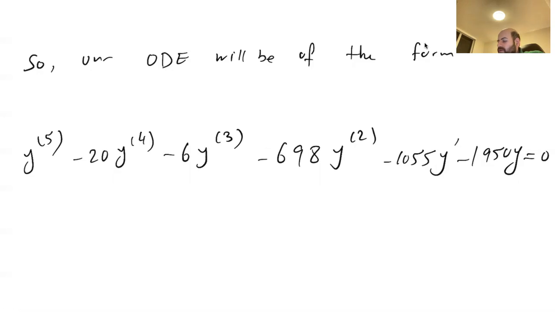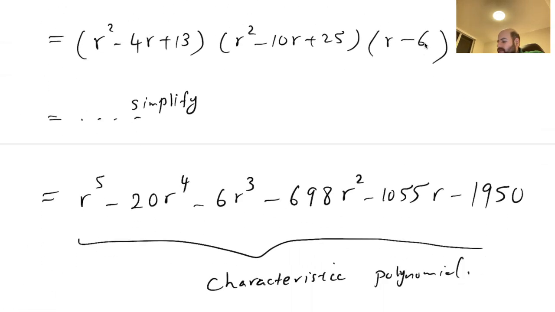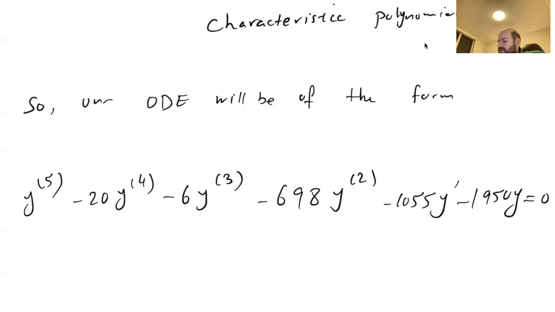So this will be our ODE, which we found using the characteristic polynomial, and just replace powers with order of derivatives, and we use the same coefficients.